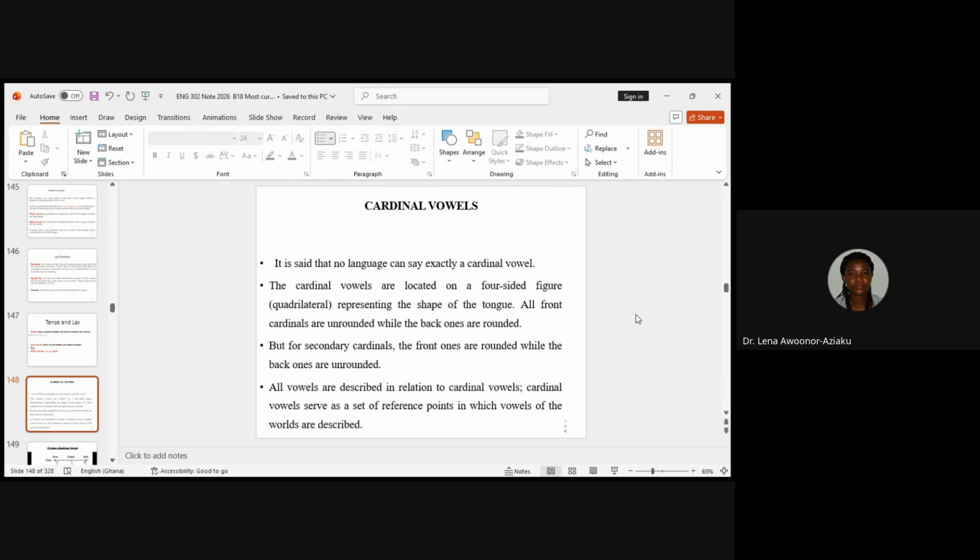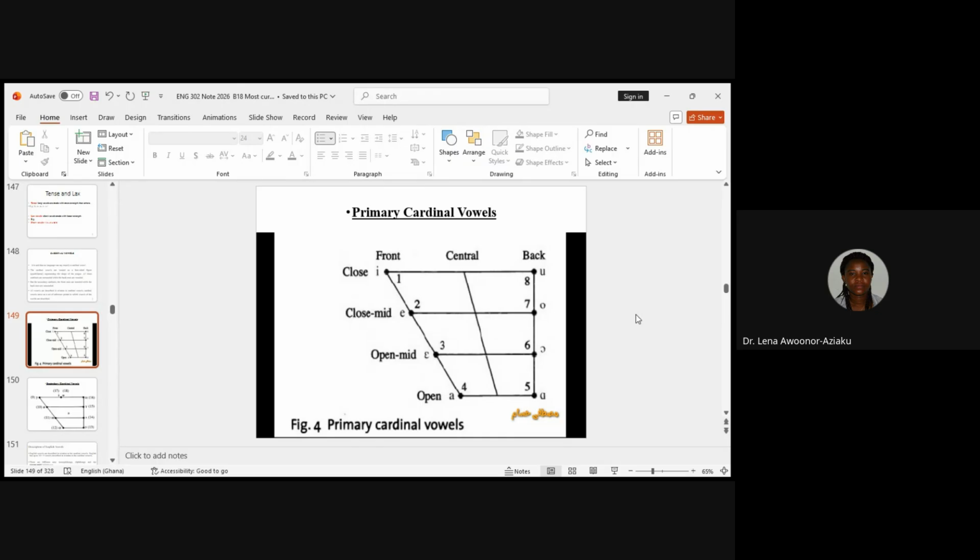We say there are vowels in Akan because when you have Akan speaking, there are vowels that Akans use that you can describe in relation to the cardinal vowels. So you can say Akan has vowel E, and Ewe is the same, all languages. So they are called reference vowels.